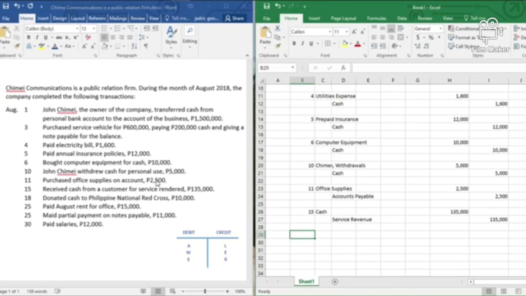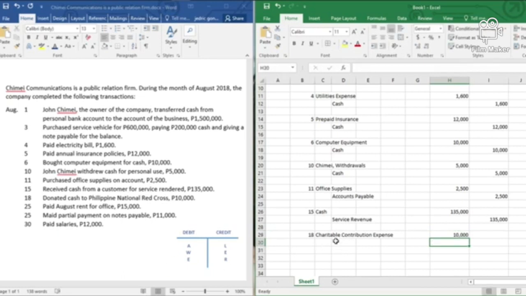Charitable contribution expense is an expense. Kapag nadadagdagan daw ang expense, i-debit mo siya. So, 18, debit charitable contribution expense. How much yun? 10,000.